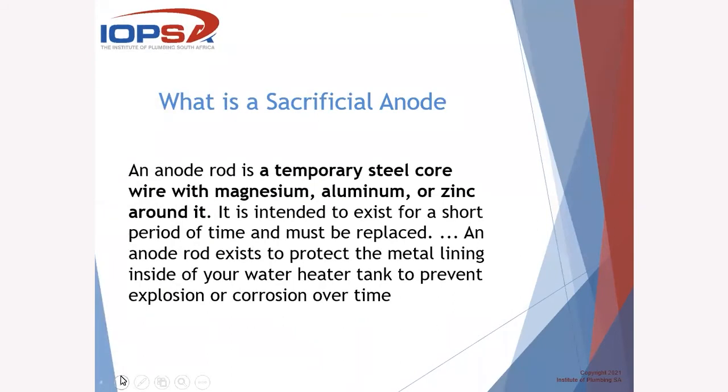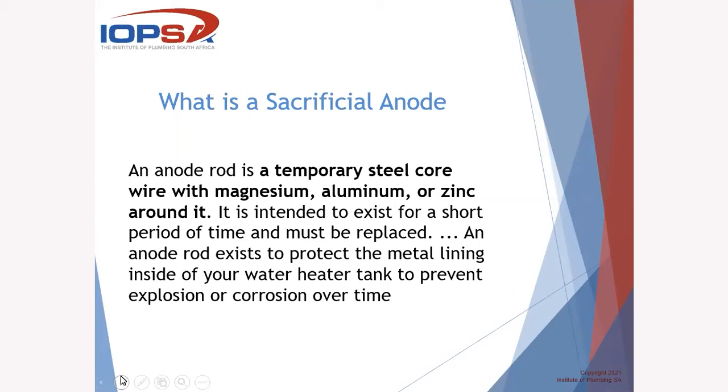So what is a sacrificial anode? Now, a sacrificial anode is a rod. You all know the thickness of the rod. You've all seen it. It's a temporary steel core. It's a wire, like, for want of a better word, a blow dart.